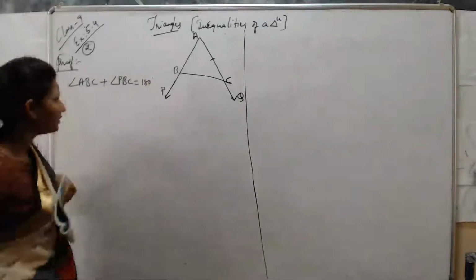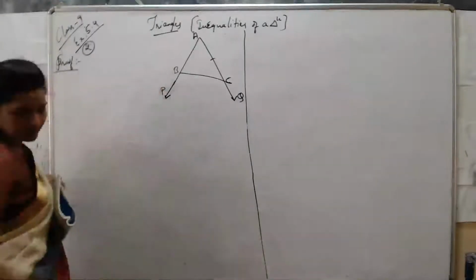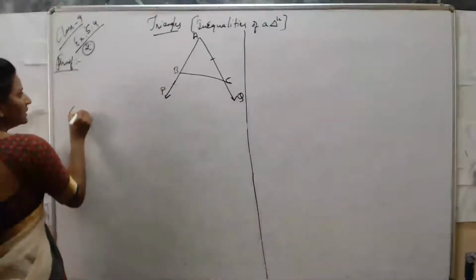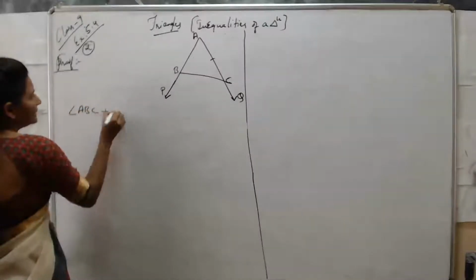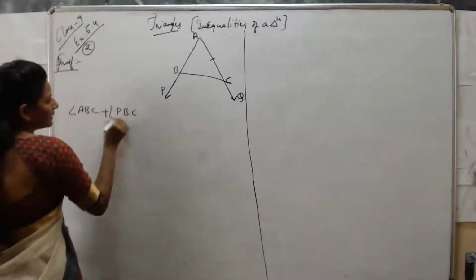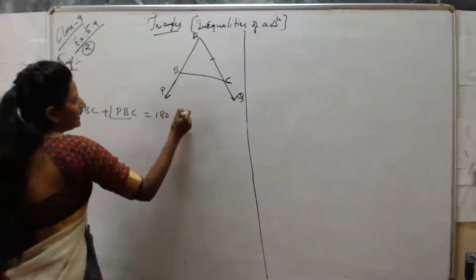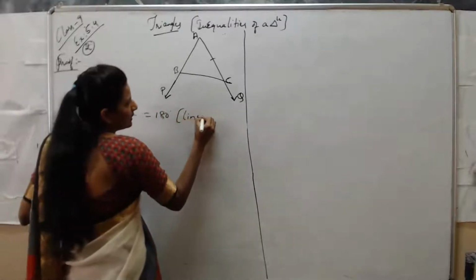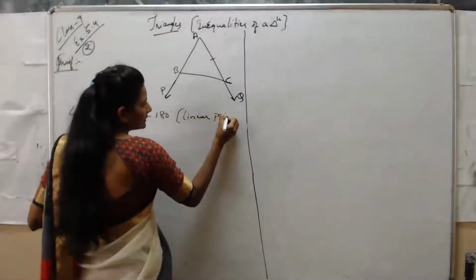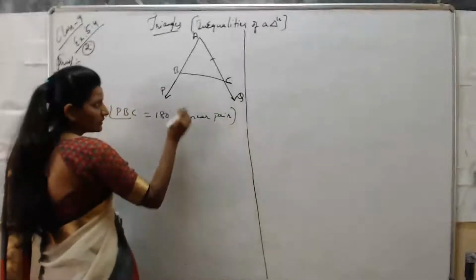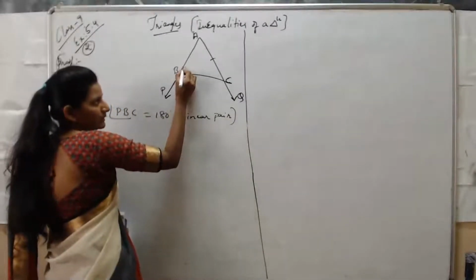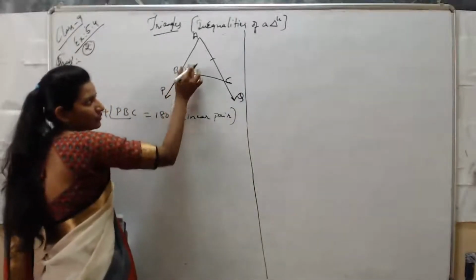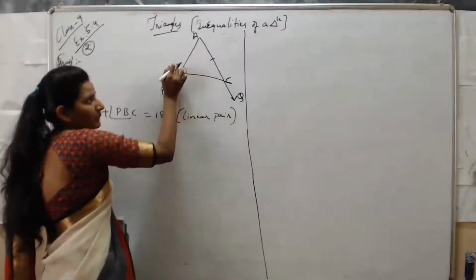I will write below because we have to write something in the bracket. That is linear pair. Linear pair means sum of two angles is 180 degree.